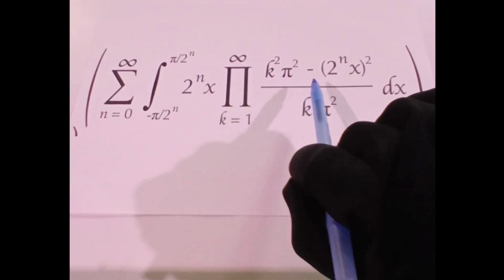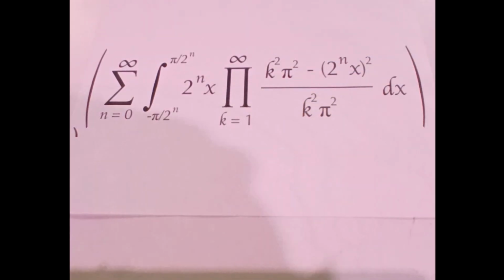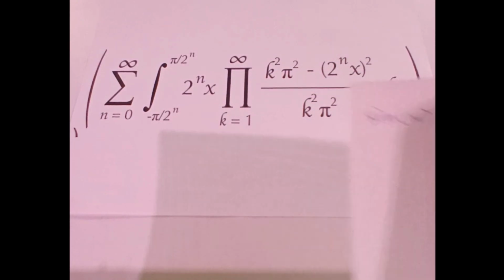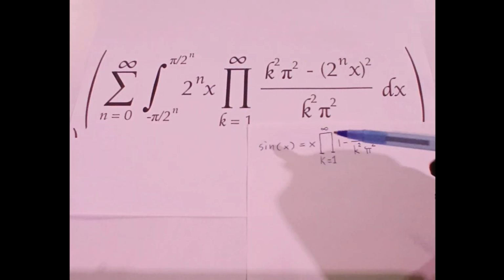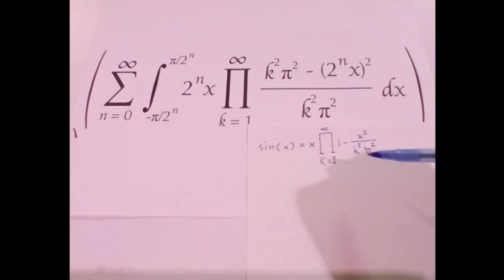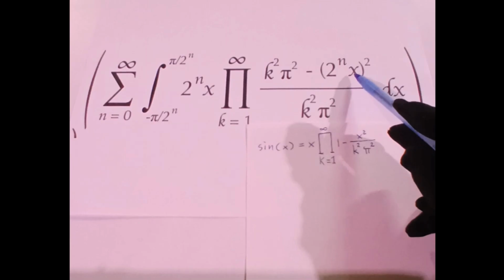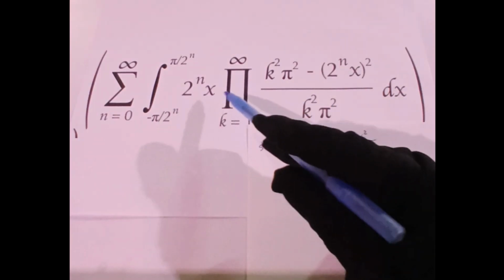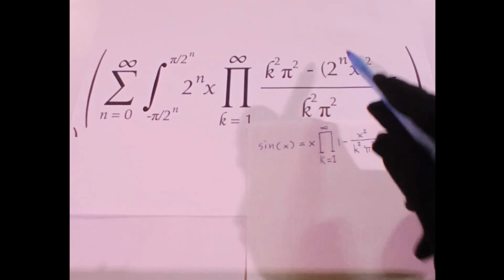Well, first, we'll have to break down this product notation, which has all these terms in here. What this is, and I won't go into the details of how this equation works, I'll just put a short example here. This is pretty much this thing here, with the exception that to the x and in front of the x here, I've added 2 to the power of n, which works with this summation here.